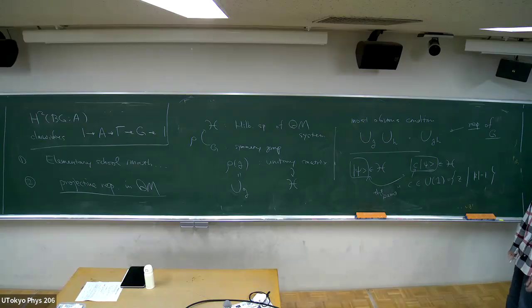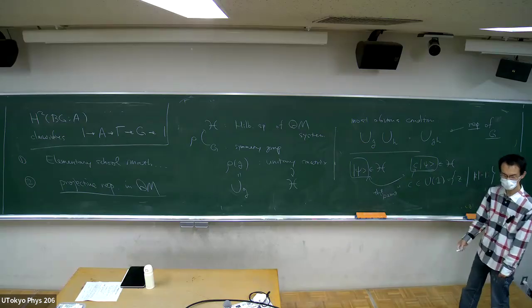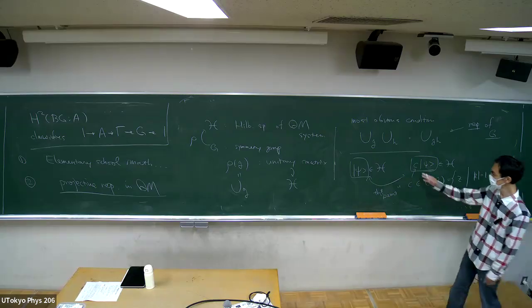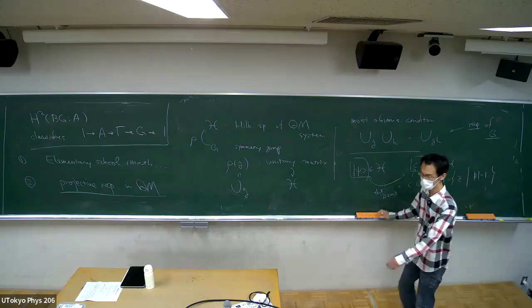I mean, there are people in the quantum mechanics community who don't like kets anymore, and these people use density matrices all the time. So C shouldn't be there from the start.